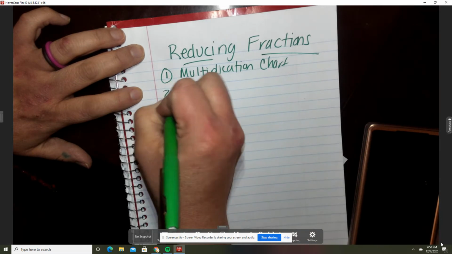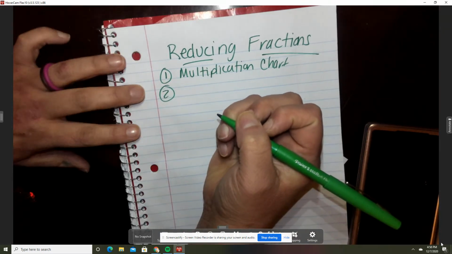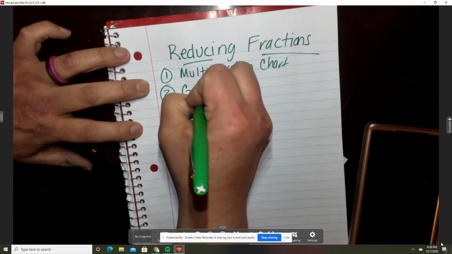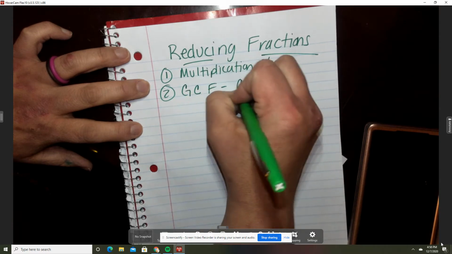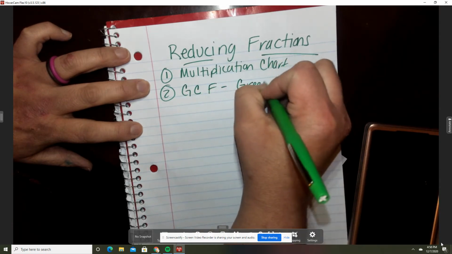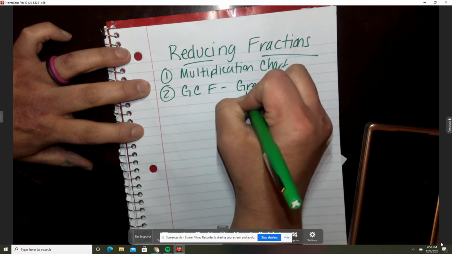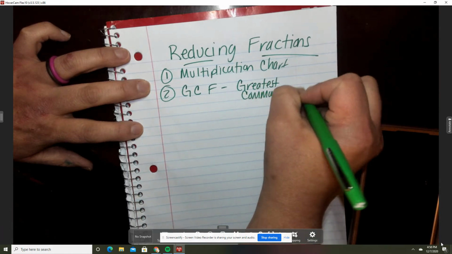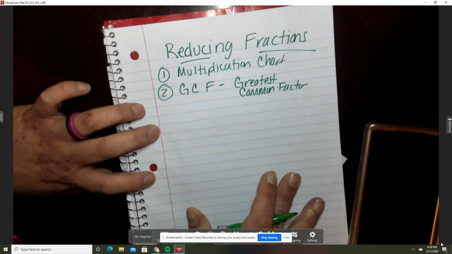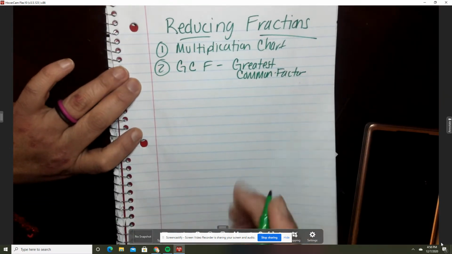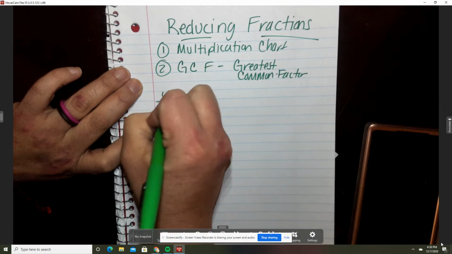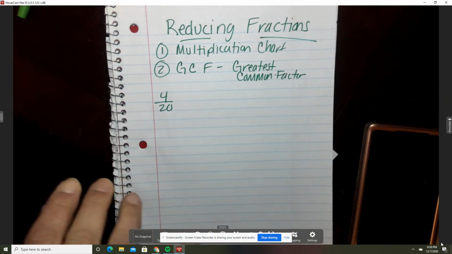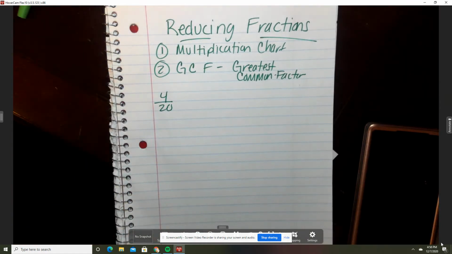Okay, and then number 2, you can use greatest common factor, GCF. So if we have 4/20, we're going to want to think of what the common factors are.